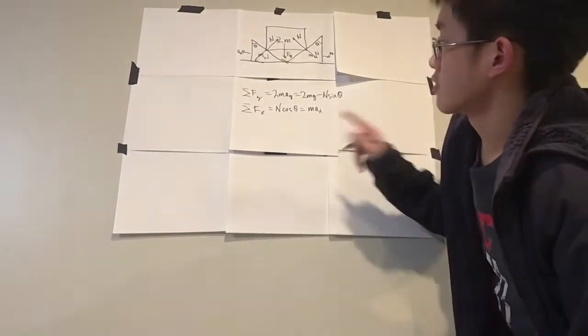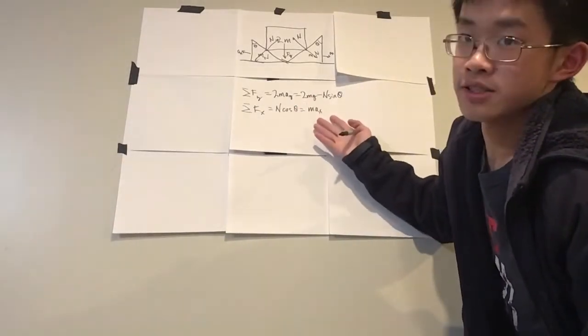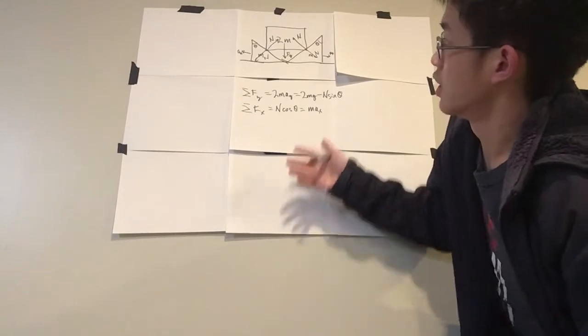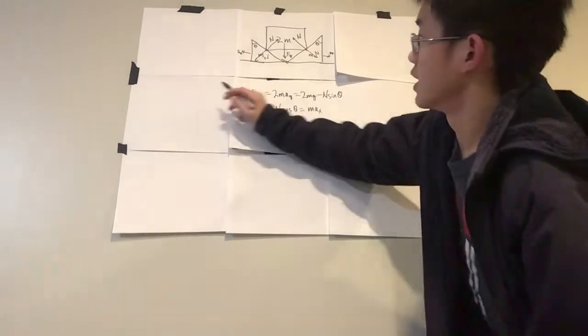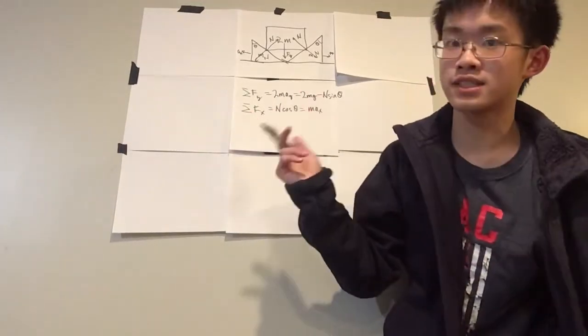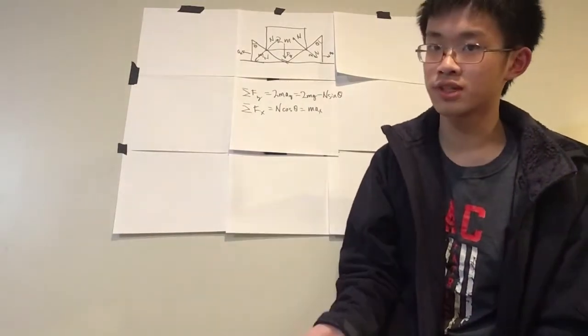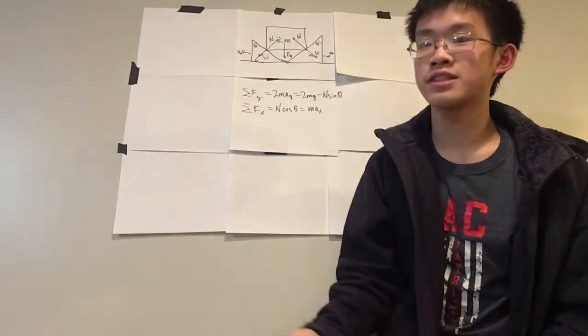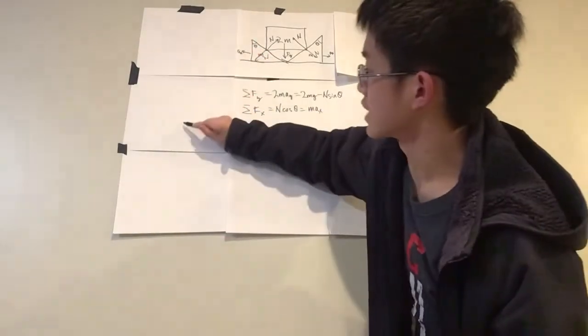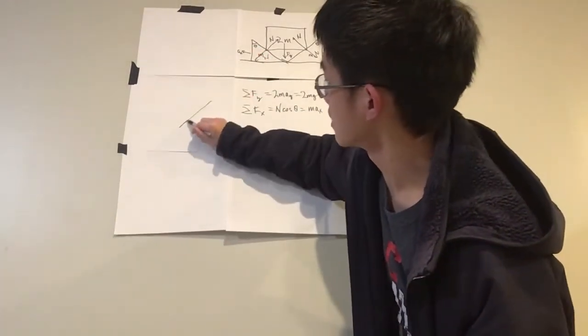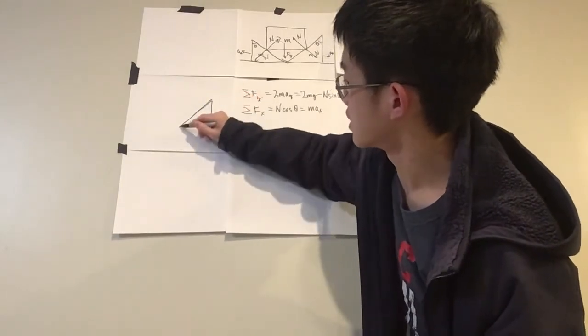Now since we can't relate these two yet because there are too many unknowns, we can find another relationship. Since the block has to stay on the wedges for the majority of the time accelerating downwards, we can find a relationship by looking at the reference frame of the wedge.